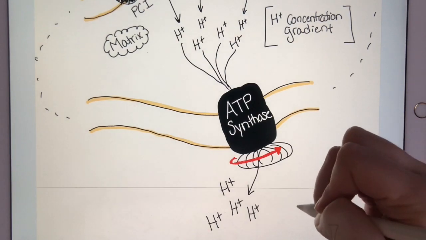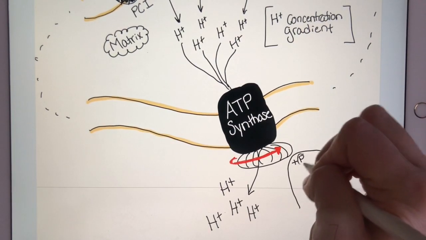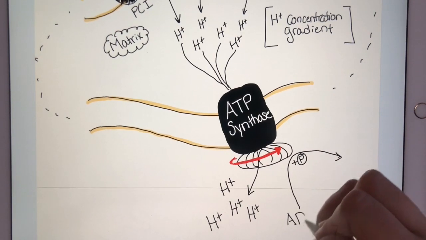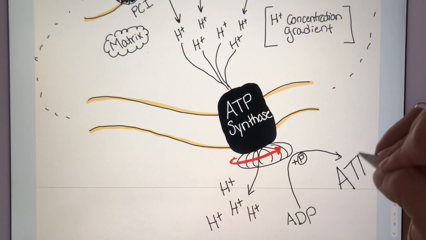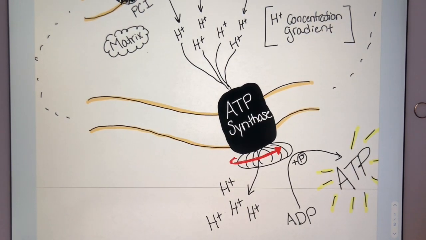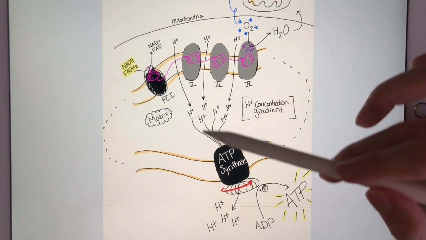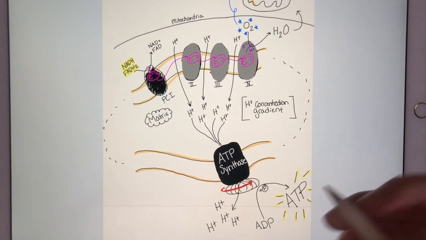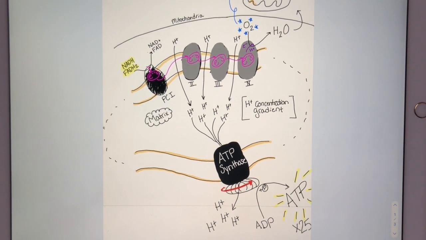And the energy you get from that is so much that it can add a phosphate group onto ADP. And what you're left with is the molecule you've all been waiting for, and that is ATP. And thanks to our oxygen allowing all of this to happen, we get 25 ATP from this step.